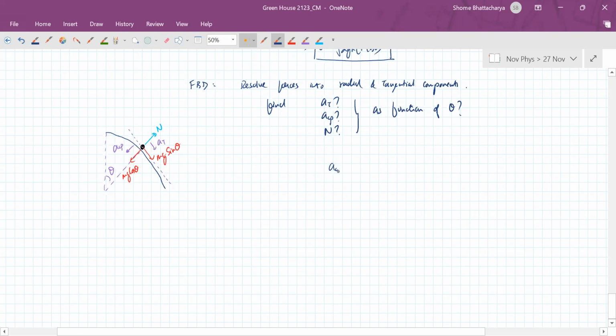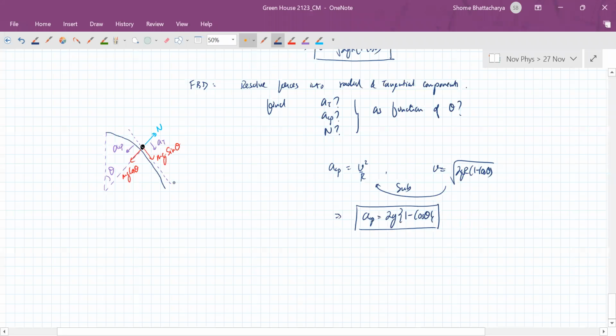Now the centripetal acceleration we already directly know because it's v square by r, and v we saw above is the square root of this much. Sorry, 2. So substitute this here. The centripetal acceleration will become 2g into 1 minus cos theta.